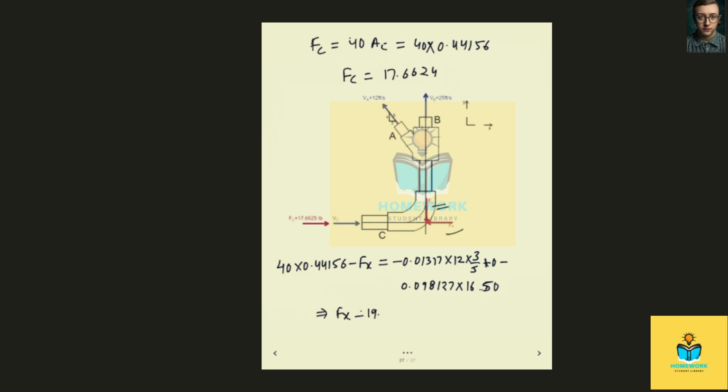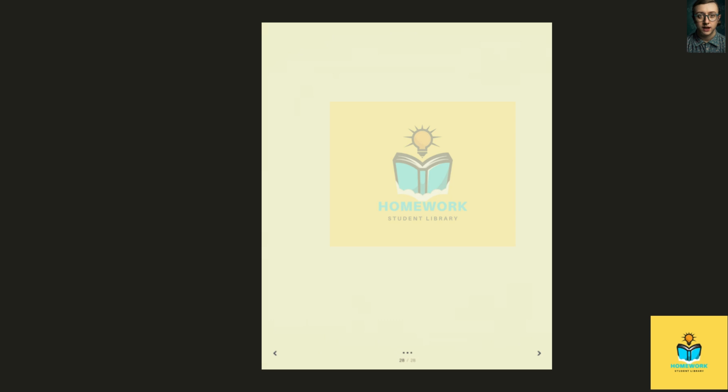So from here, after solving, we get Fx equals 19.51 pound.